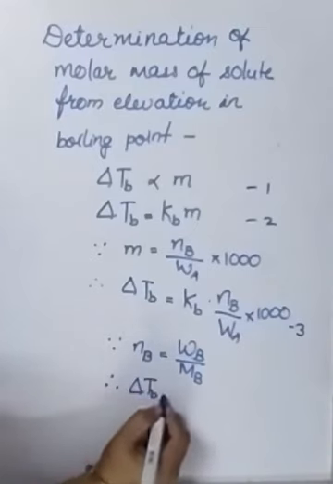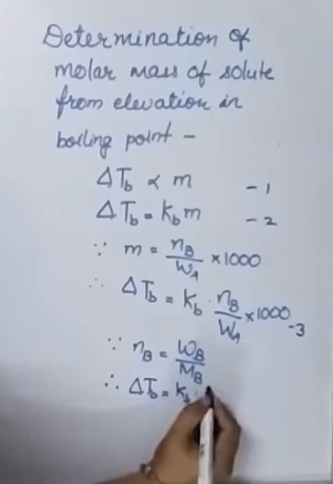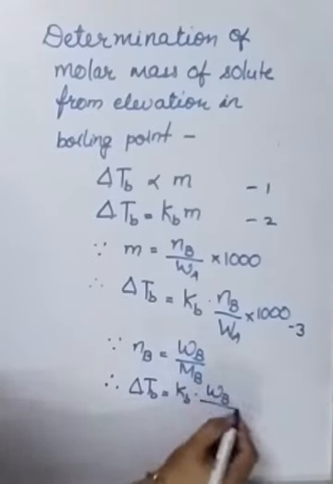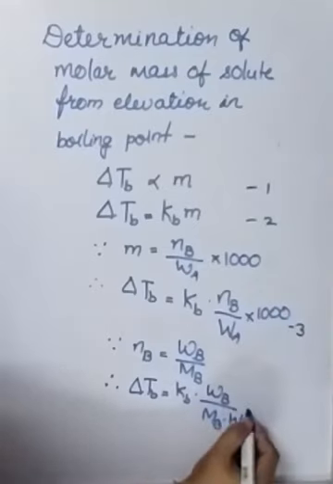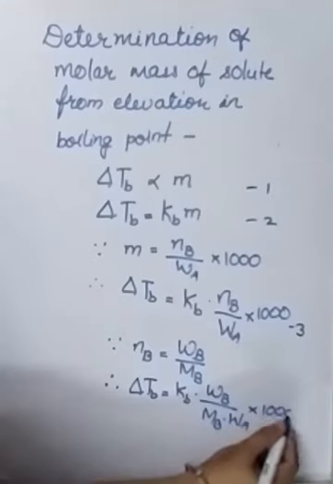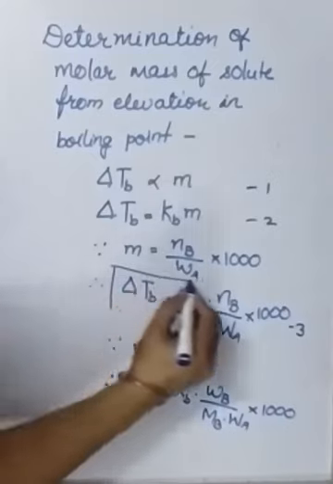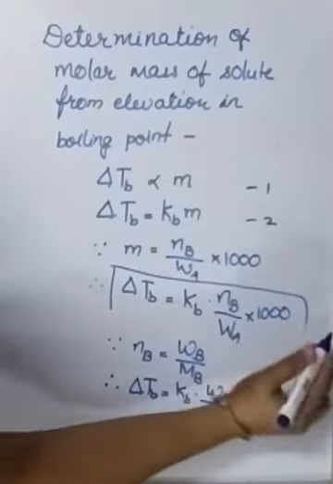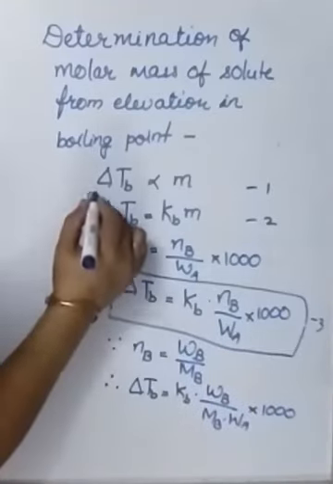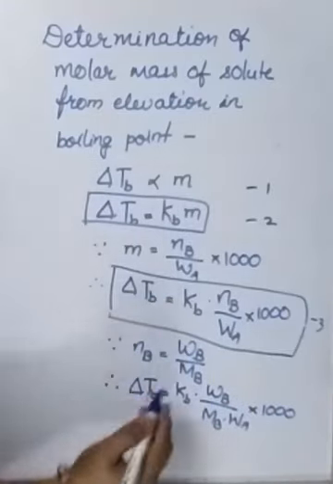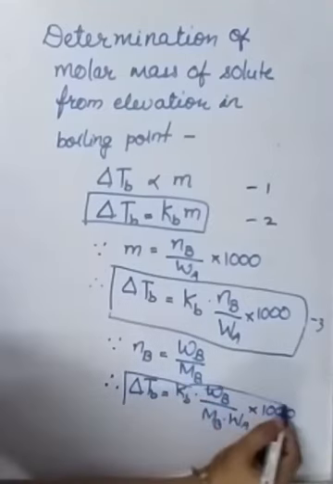Del Tb equals Kb, in place of Nb we will write Wb upon Mb into Wa into 1000. This is one expression for del Tb, and it can be utilized.